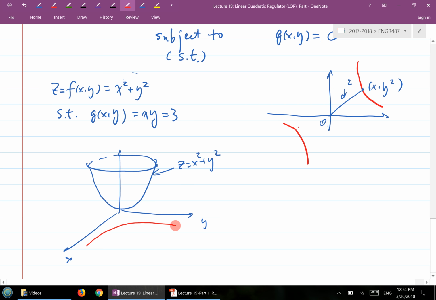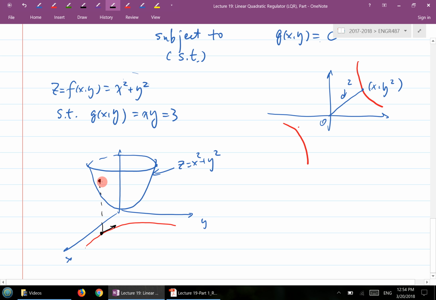So now you can imagine the same question becomes, if you're going to walk around this constraint, as you're moving around it, imagine you're at this xy location, and you plug into z equal to x squared plus y squared, then you will be over here.